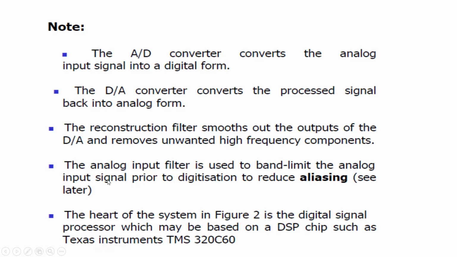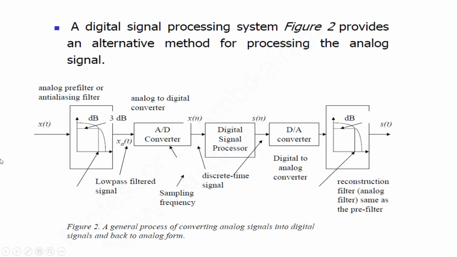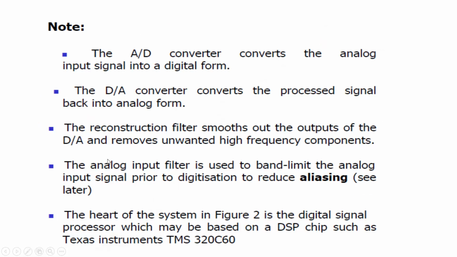The analog filter at the start is used to band limit the analog input signal prior to digitization. This filter is used to avoid the effect of aliasing, as stated by the sampling theorem. We will also discuss aliasing in detail in the coming slides.